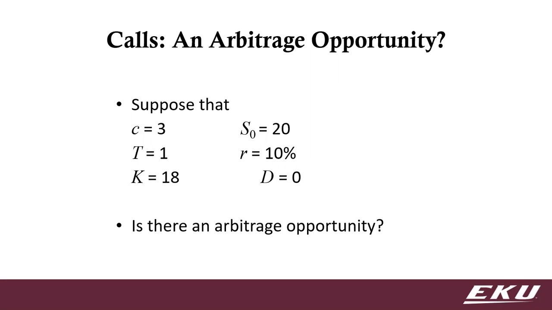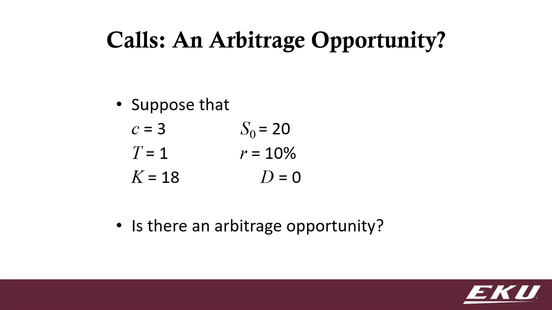And then this is just something to think about. We have a European call for 3 units, dollars, euro, whatever it is. The time is maybe 1 year, so T equals 1. The strike price is 18, but the current stock price is 20, right? So it's currently $20. The strike price is 18, but the interest rate is 10%, right?